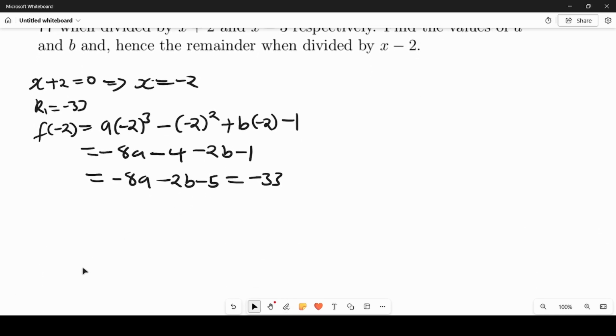Let's simplify: minus 8a minus 2b will be equal to minus 33 plus 5, which is negative 28.